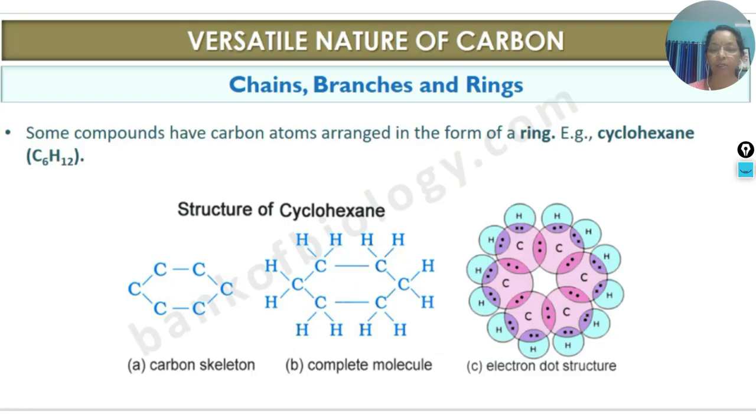The structure is given here. This is the electron dot structure, and this is the bond line structure. This is the skeleton structure, the carbon skeleton. This is the complete molecule structure. This is the electron dot structure. You can very easily draw this, isn't it?